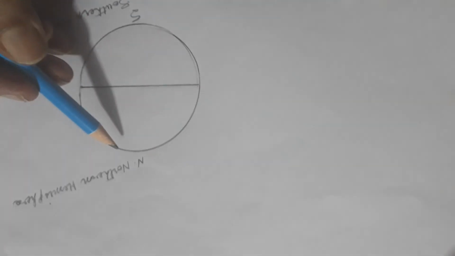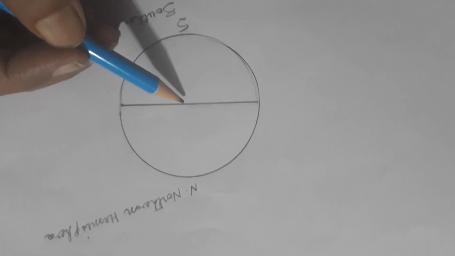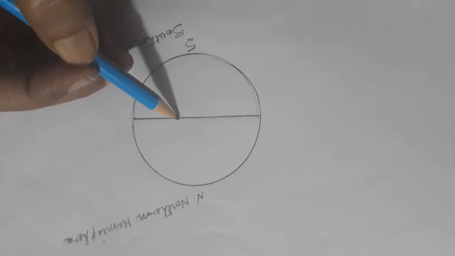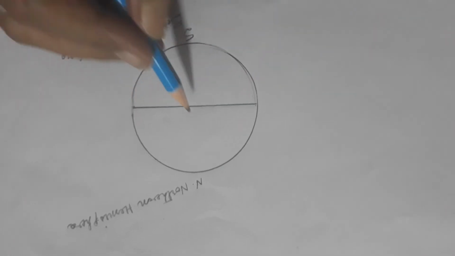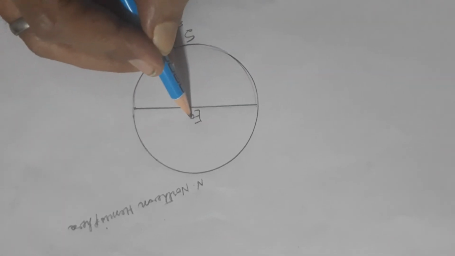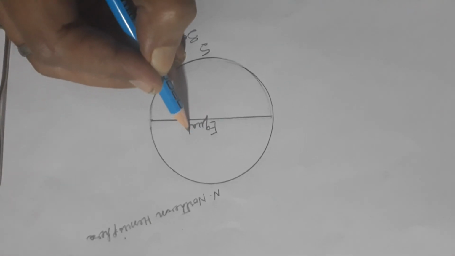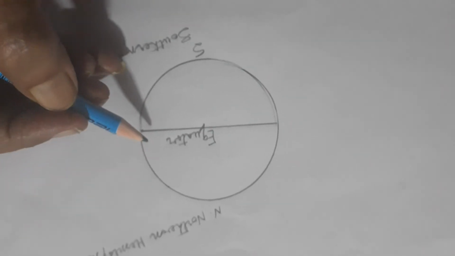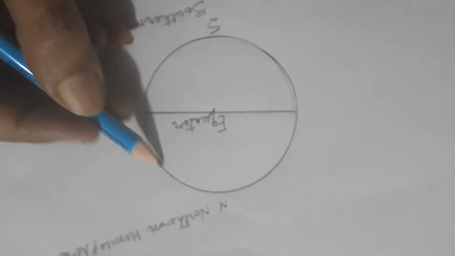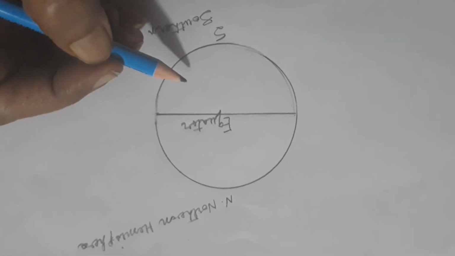Okay, now we divide the Earth with a parallel line. This parallel line is called the equator. Now this equator divides the Earth into two equal halves.